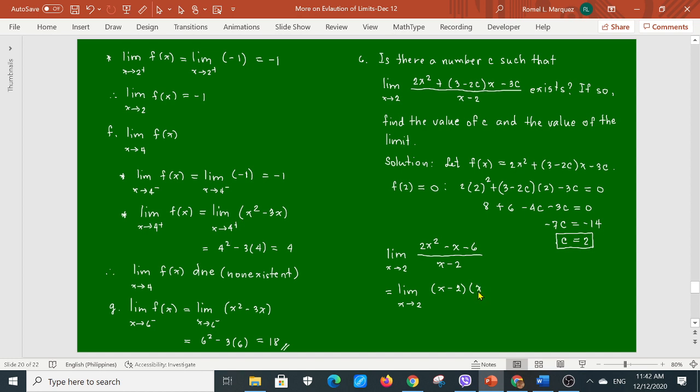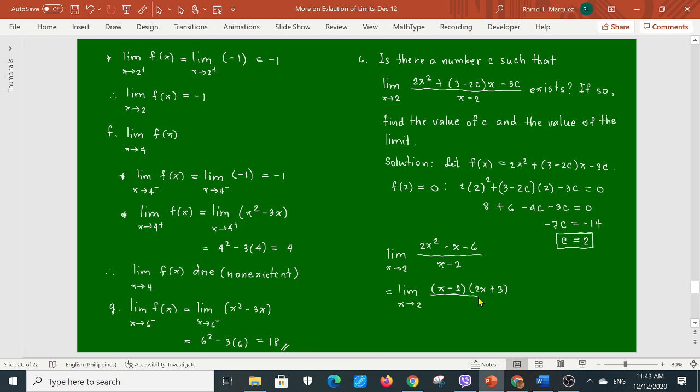So what is the other factor, guys? 2x plus what? Plus 3? Am I right? Yes. x minus 2, 2x plus 3.